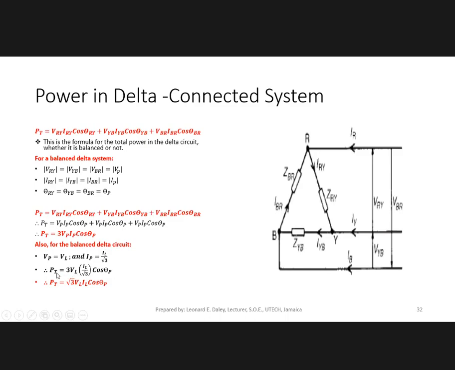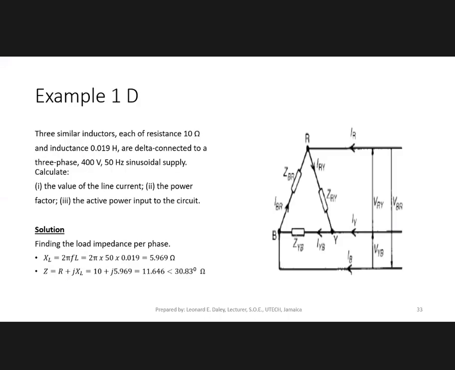So we get PT is equal to 3 VL times IL over root 3 times cos theta P. So the total power in the balanced delta circuit can be written in terms of line values as root 3 VL IL cos theta P. Again, similar to what we had for the star.